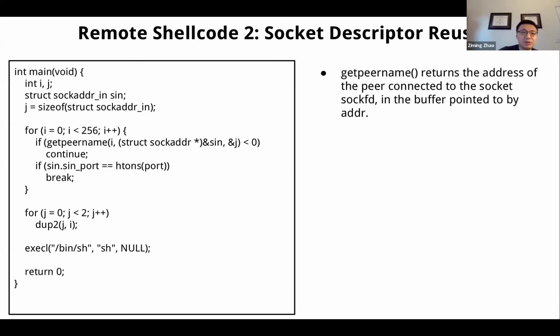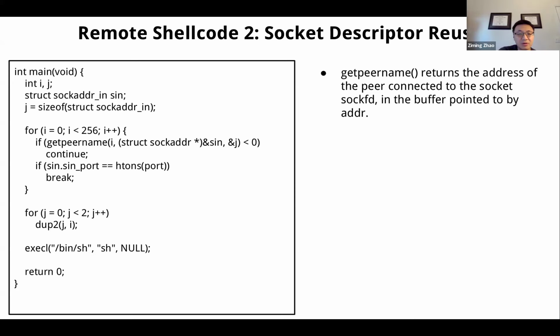If we look at this piece of code, we first have an address, then we get the size of the address, then there is a big for loop. The for loop uses a system call called getpeername, which basically returns the address of a connected computer for a socket file descriptor. The reason we are doing this is we are looking for existing socket descriptors.